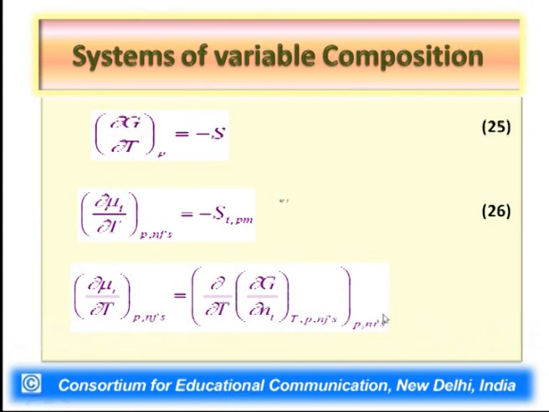So, what it does mean, now you can look for, it means that this partial differential coefficient del mu I by del T is basically a double differential of the Gibbs free energy of the system.